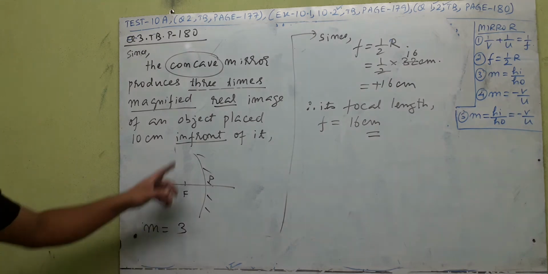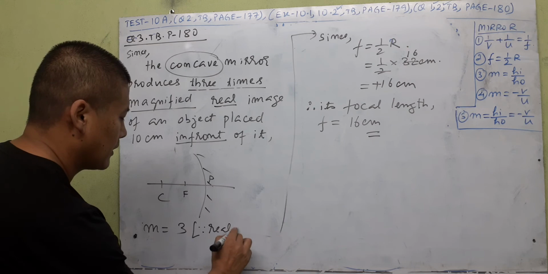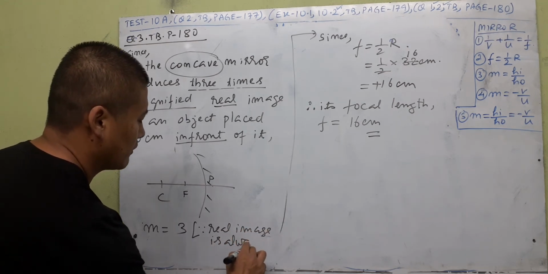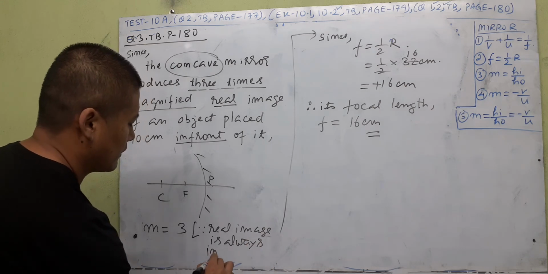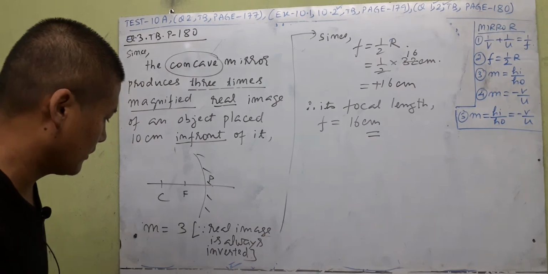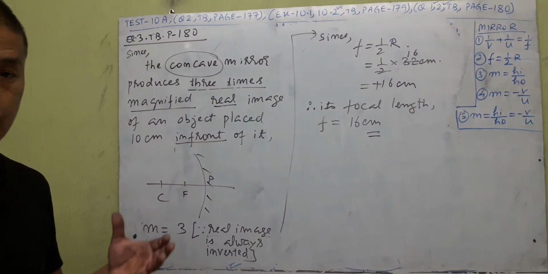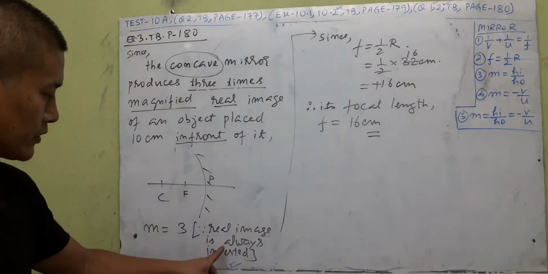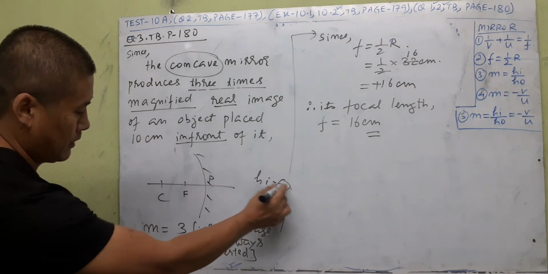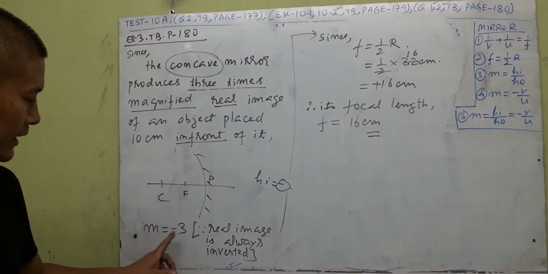And then it's a real image, and we know a real image is always inverted, and a virtual image is always erect. The question said just real, they didn't tell us whether it's erect or inverted, but we know because a real image is always inverted. So if the real image is inverted, HI will be minus. So the value of M, when it is inverted, is minus. So M will be minus 3.